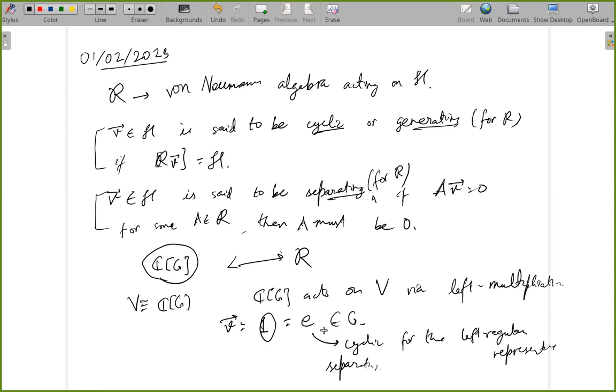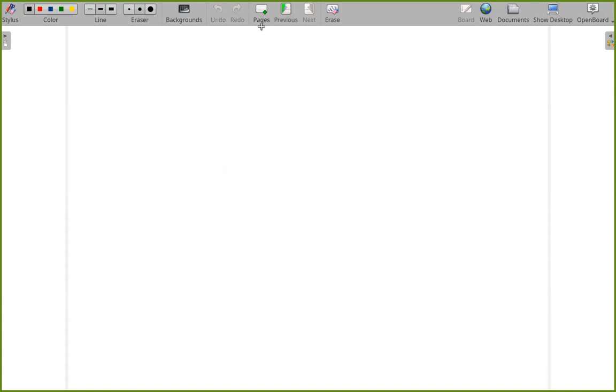Separating because if you look at any element here, it is just a formal linear combination of elements of the group. And you can think you have some delta functions on each of the elements. So CG you can interpret in that way. Essentially it's a set of functions from the group to complex numbers. And then separating follows from the following fact.